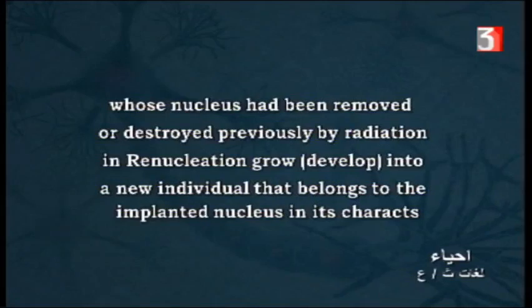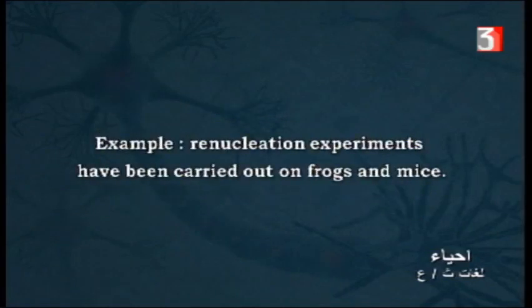This develops into a new individual that belongs to the implanted nucleus in its characteristics. For example, renucleation experiments have been carried out on frogs and mice. Renucleation means taking the nucleus and injecting it outside the uterus.